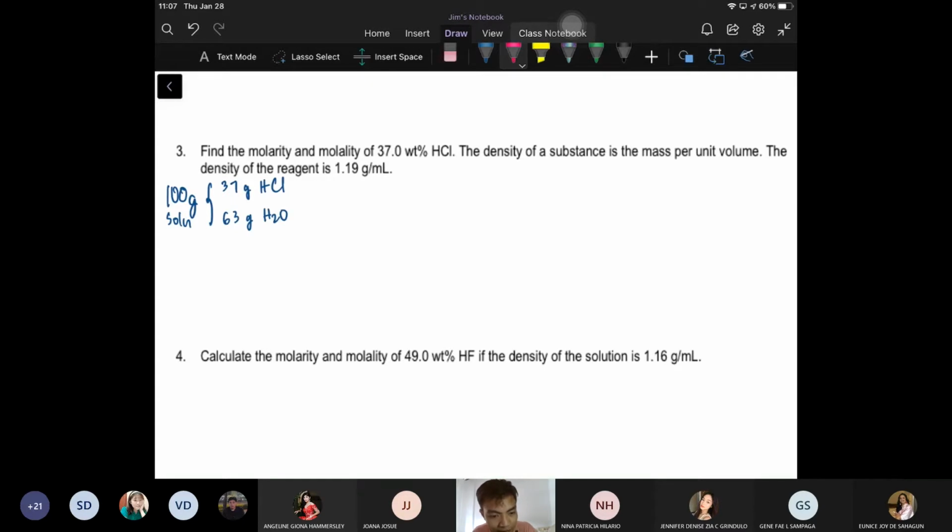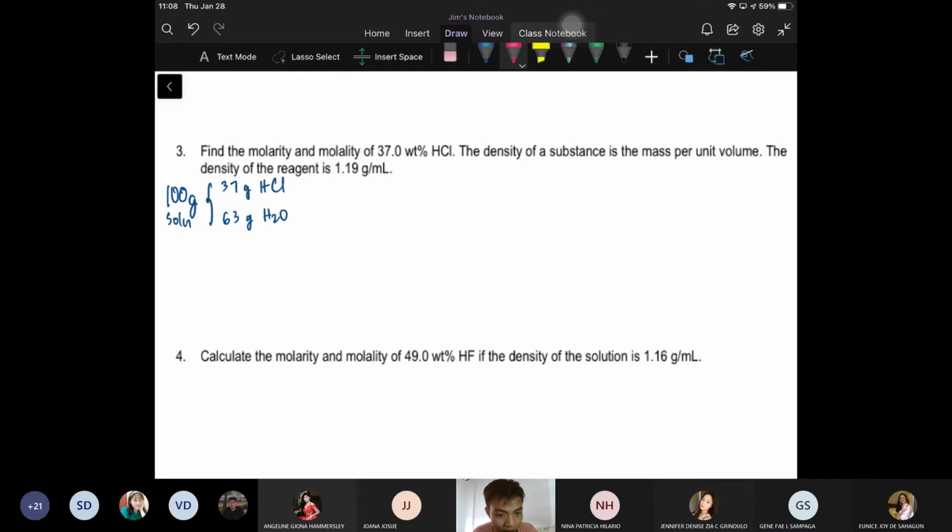Meron dyan. Basahin nyo lang maigi. Para ma-convert ko yung mass ng solution to the volume of the solution. Anyone na may clue? You can raise your hands po para ma-recognize natin. Okay?